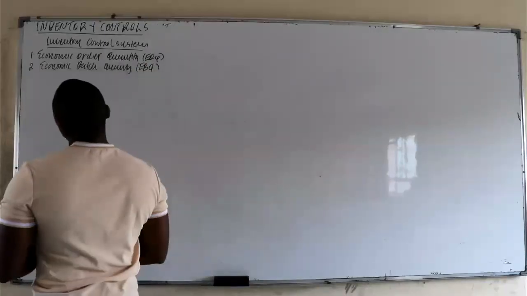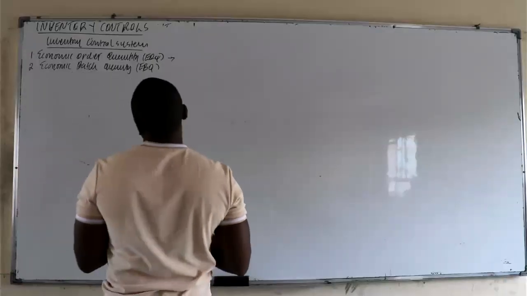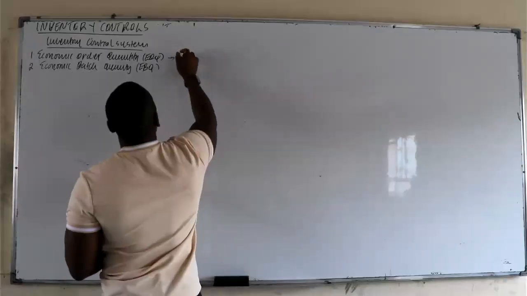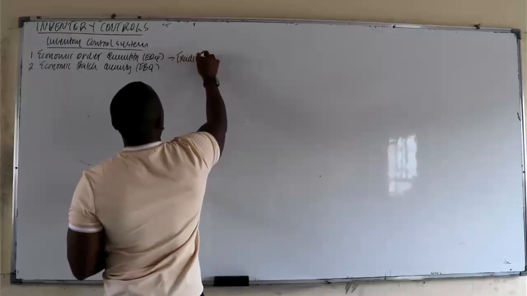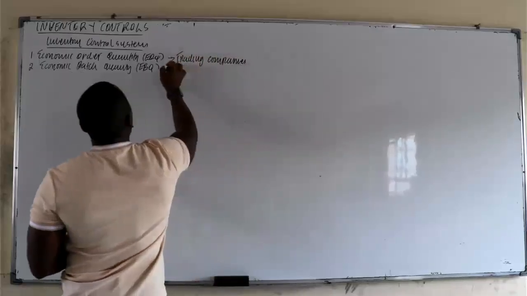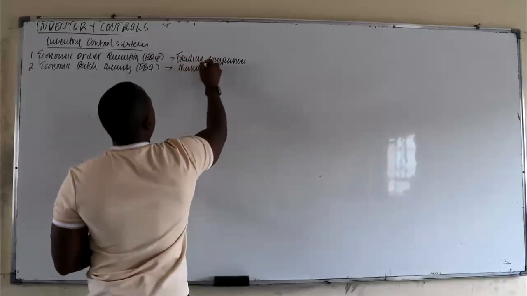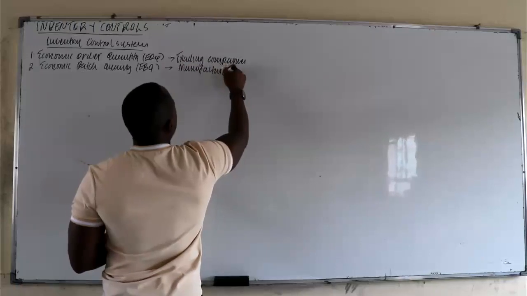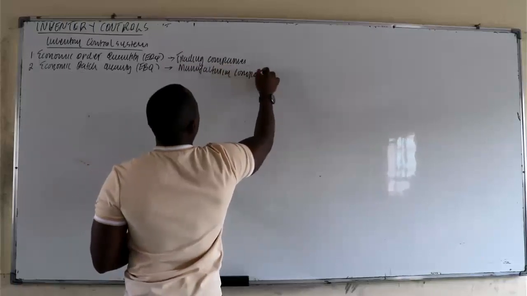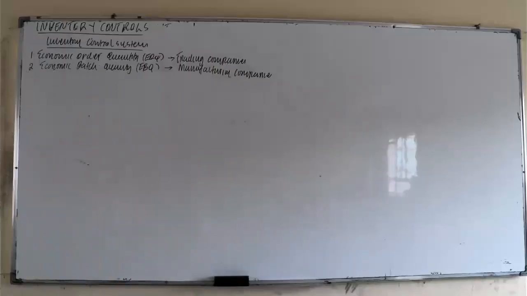Now, the difference between the two is that the economic order quantity is applied by the trading companies. The EBQ is applied by the manufacturing companies. So those are the differences between the two.